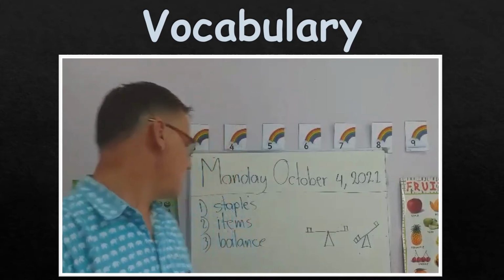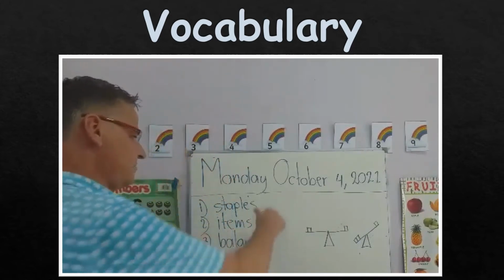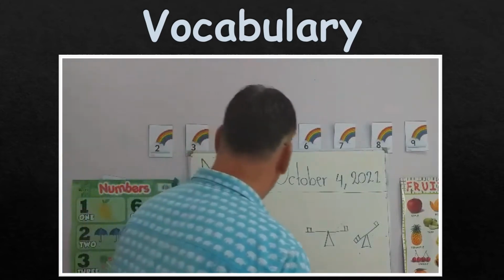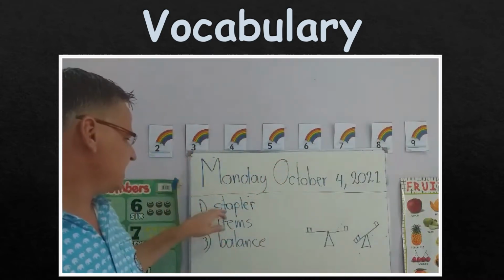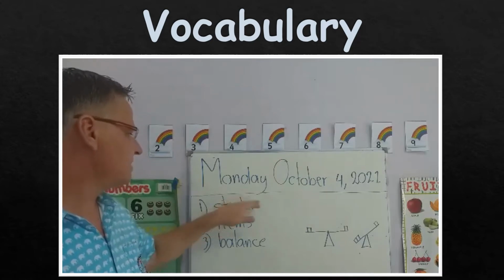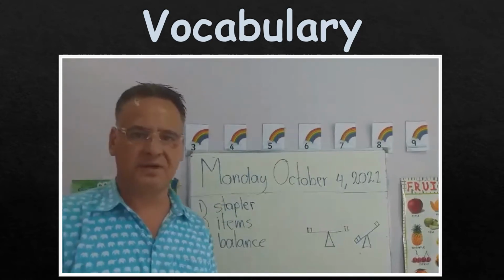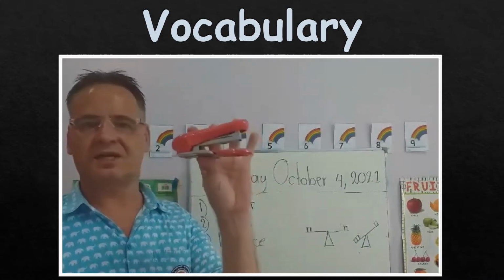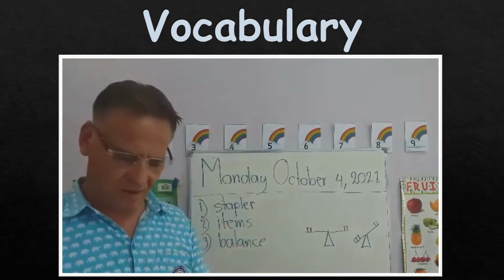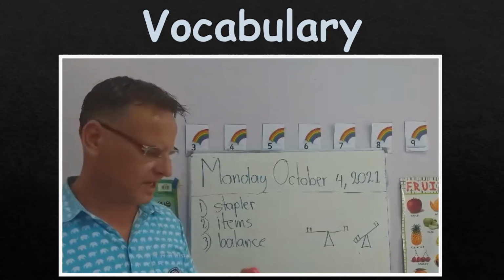Okay, our vocabulary words. Oh, I made a mistake. It's not staples, it's stapler. Okay, number one, S-T-A-P-L-E-R. Stapler. What is a stapler? This is a stapler. I think you call them Macs sometimes in Thailand.